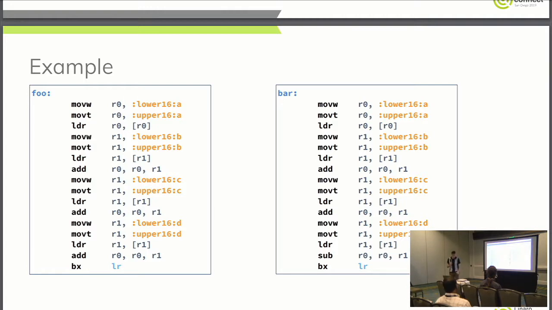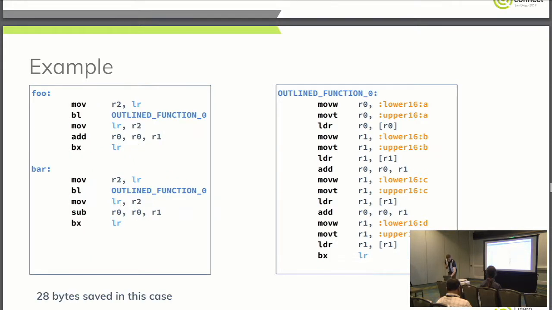And you can see in the next slide, this is the common bit at the top in the slightly less grey box, and the bit at the bottom, add and sub. So what the function outliner does is pull all of that common code into a separate function and call it.